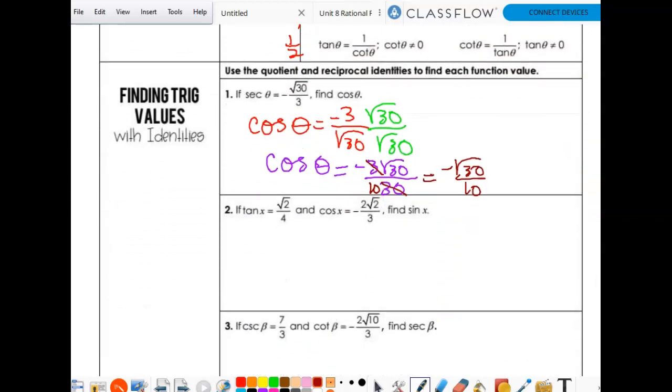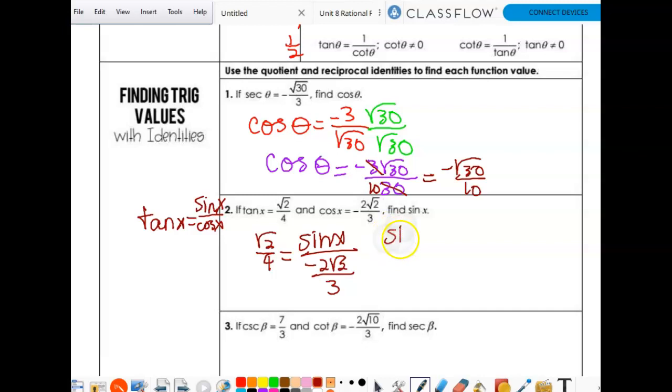So I have tangent is sine over cosine. So my tangent is the square root of 2 over 4. I don't know my sine. And my cosine is -2 square root of 2 over 3. So if I multiply, that gives me my sine, doesn't it? And that's what I'm looking for. So I'm going to get the sine of x.